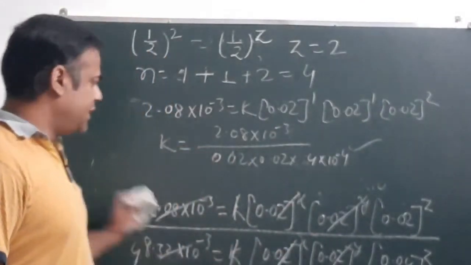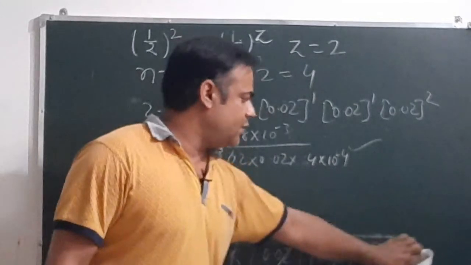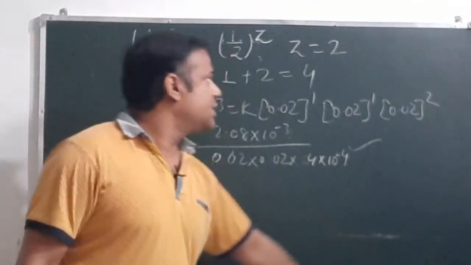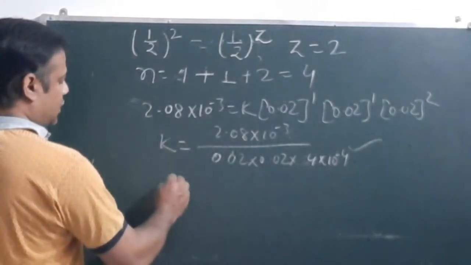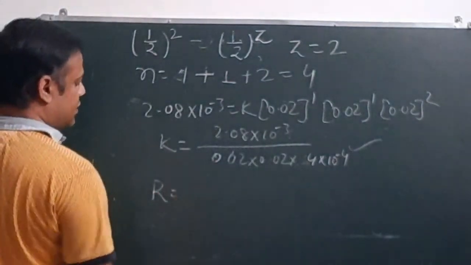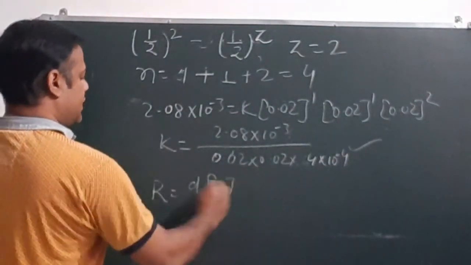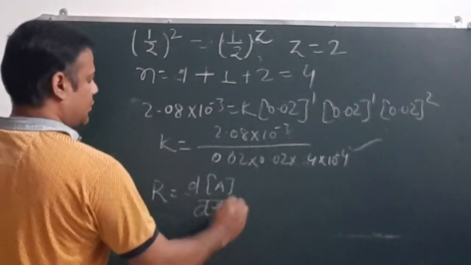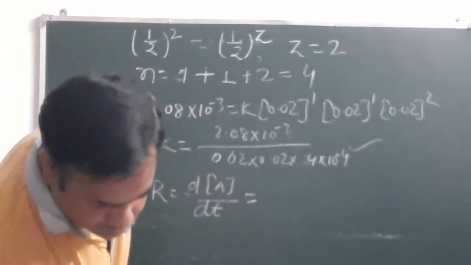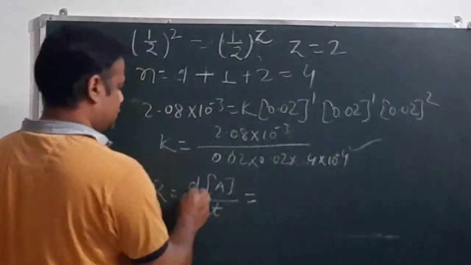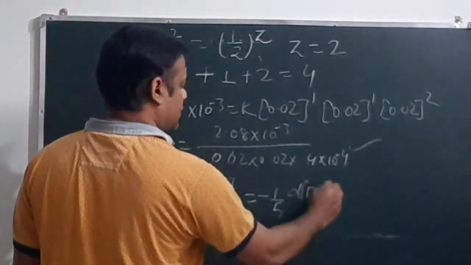Once we have determined the rate constant, we can determine the rate of disappearance. For the rate of disappearance, we will use the equation: rate R equals negative dA by dt equals minus 1 by 5 dB by dt.